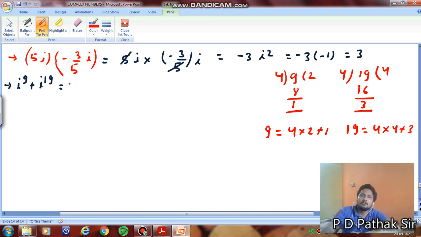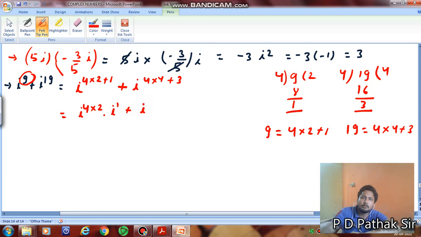So you can write I to the power 9, replacing 9 by 4 into 2 plus 1, and replace 19 by 4 into 4 plus 3. So you can write it as I to the power 4 into 2 into I to the power 1 plus I to the power 4 into 4 into I to the power 3.